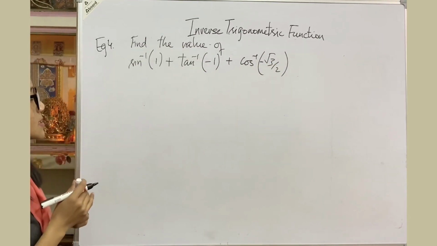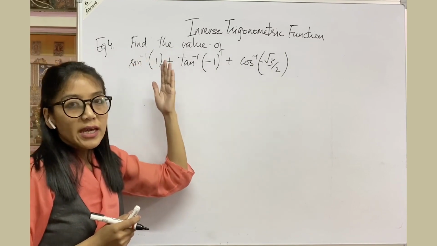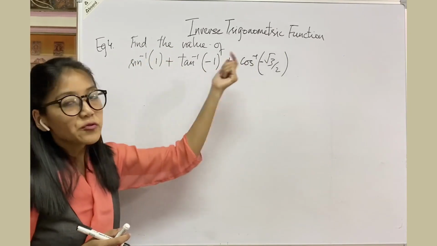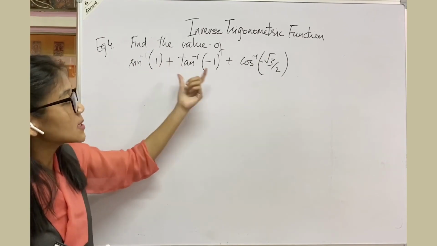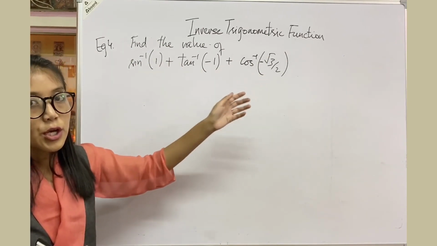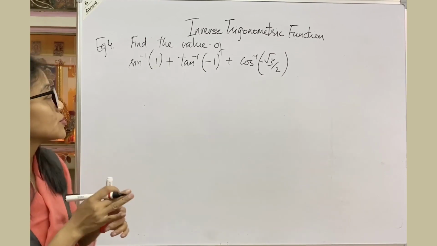Now we will do this. The concept is the same. In all this you have to find the principal value. But we are taking the sum of three inverse trigonometric functions, so separately you will not do it. Together we will try to solve.